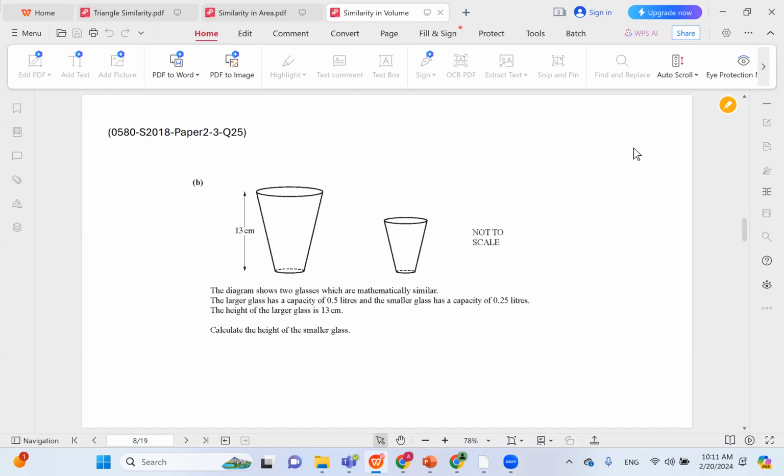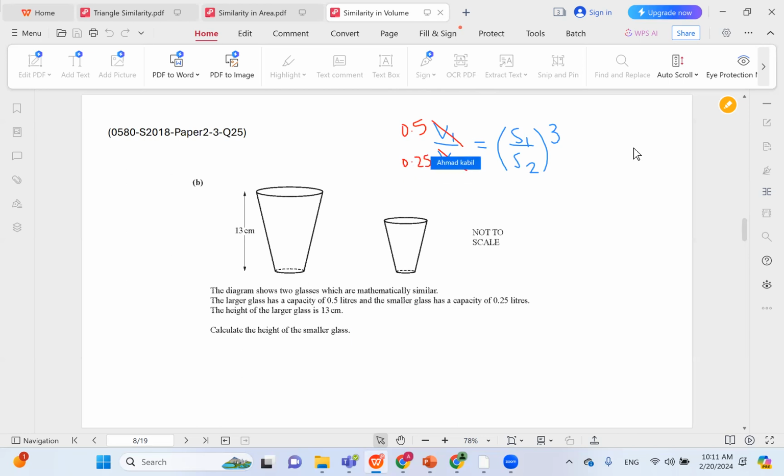So again, we write the equation down. V1 over V2 equals S1 over S2 to the power of 3. Now, V1 is the bigger volume. So the bigger volume here is 0.5. And we said we don't have to convert from liters to centimeter cube because they will cancel out anyway, so it doesn't matter. And V2 has 0.25.